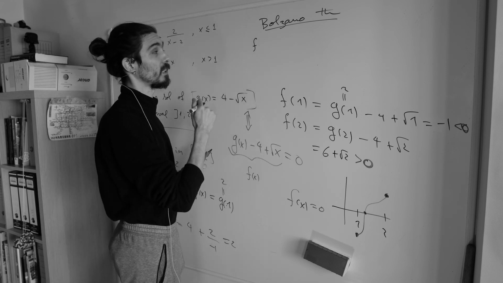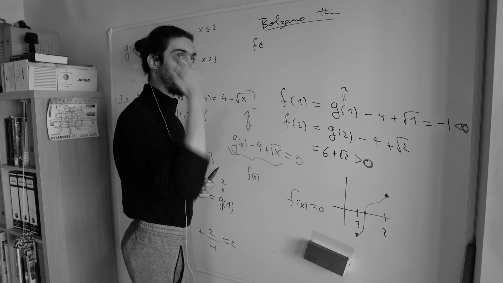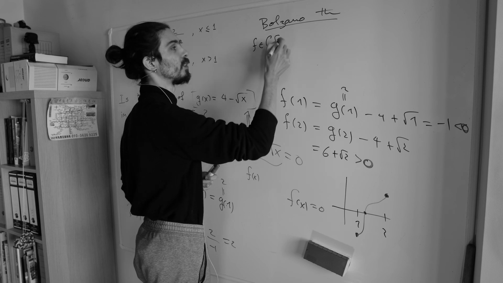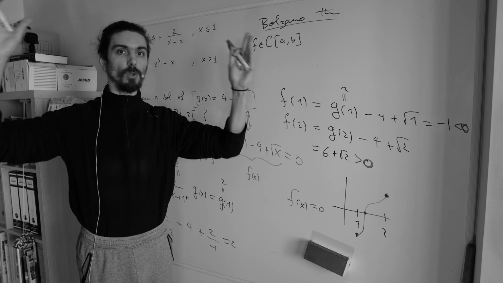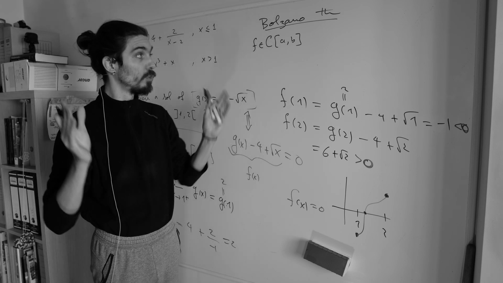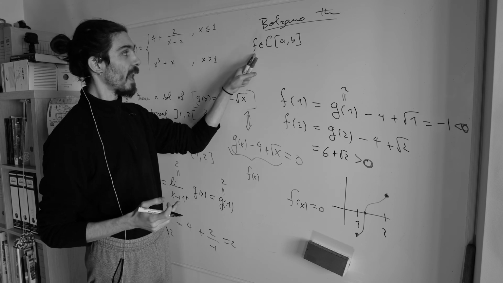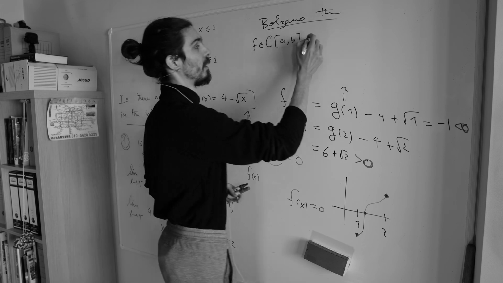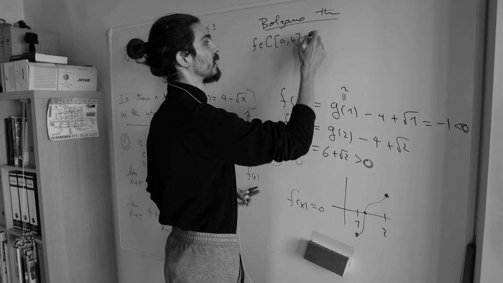To say that a function is continuous is the same thing as saying that f belongs to the class of continuous functions, C, between a and b. So C is the set of all functions that are continuous in this closed interval. By saying that f belongs to that club, f is continuous in that interval.